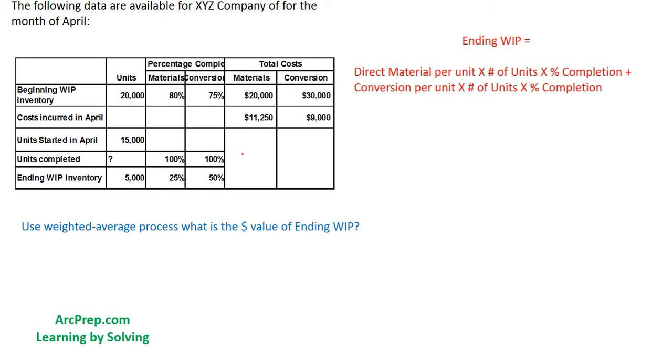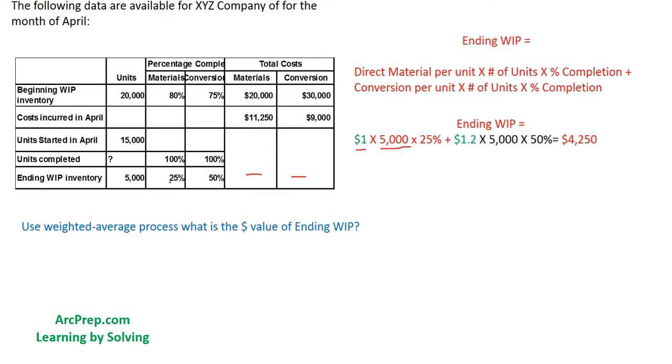Let's calculate the value of work in process inventory. What we are interested in is basically direct material and conversion. So direct material cost was $1, but it was $1 for 100% complete units. So we need to multiply that by 5,000.